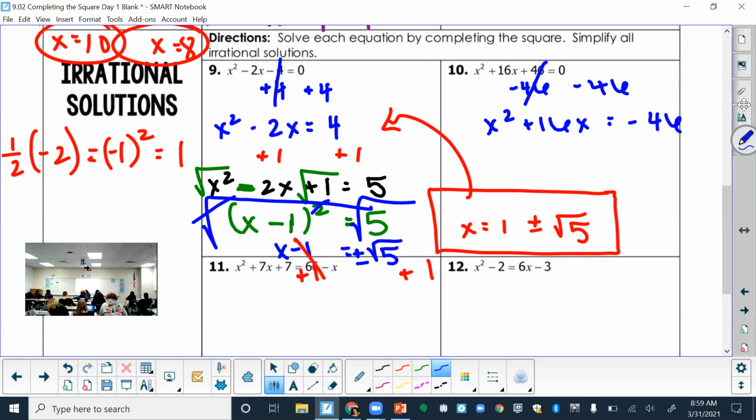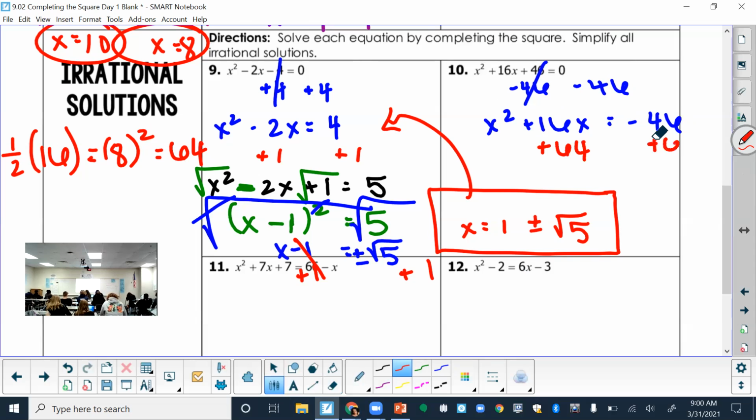Now we're going to do the second step, which is to take half of b, square it, and then add it to both sides. So what's my b value in number 10? What's half of 16? And what's 8 squared? 64. Whatever that number is, we have to add it to both sides.